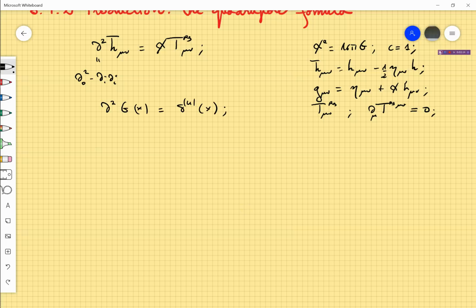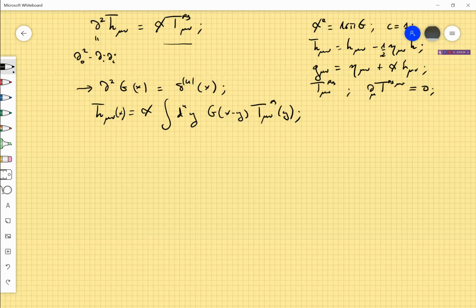It is the retarded Green's function, the one that propagates signals to the future, that we are going to use. When something happens in the matter distribution, the signal will be propagated by the Green's function, and H mu nu will change at a later time. We will feel this change at a later time.